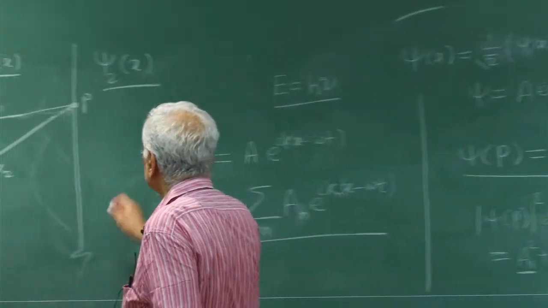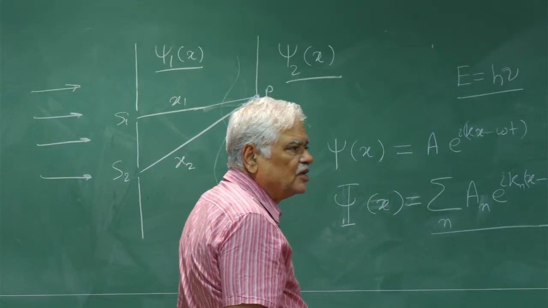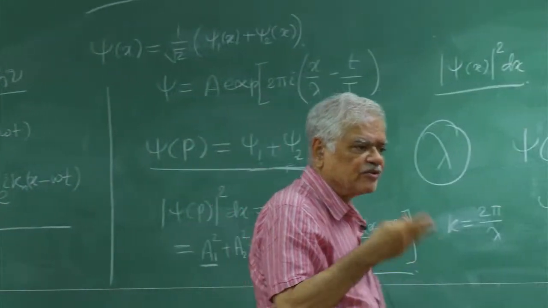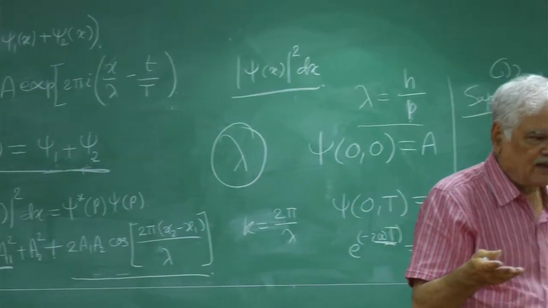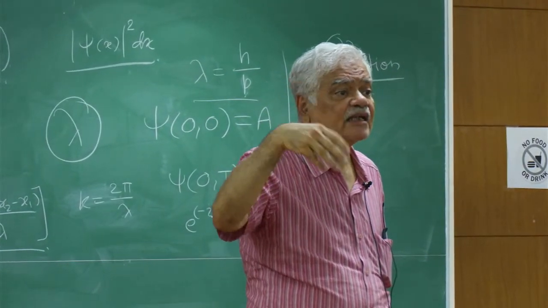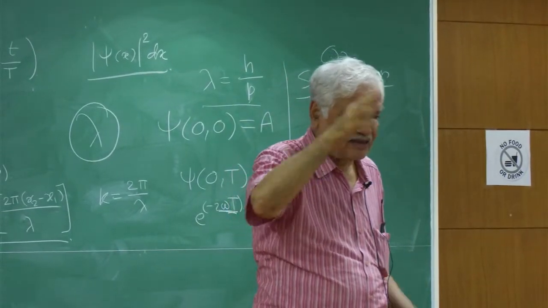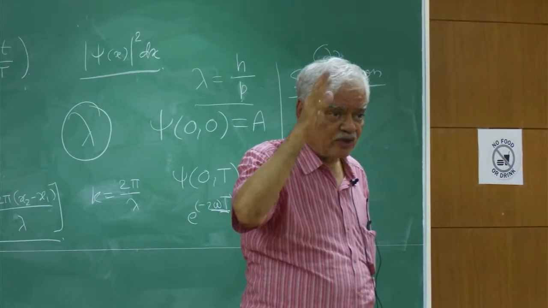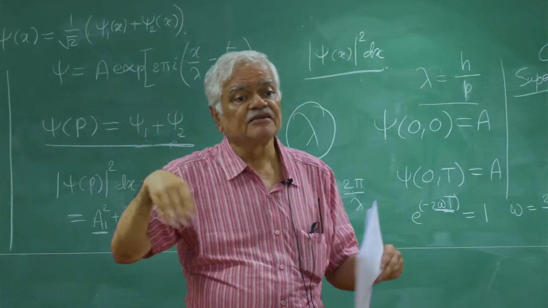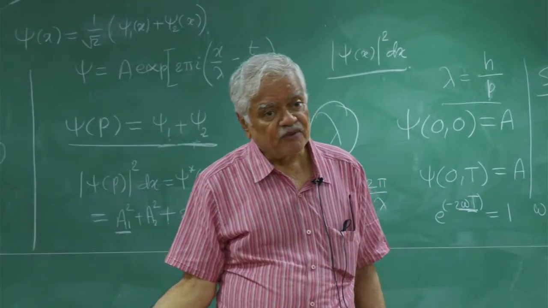In order to find it, what did we do? We added the amplitude functions or the wave functions, and then evaluated their mod square. So what you add is the amplitudes, and then you take the mod square to find the probability.